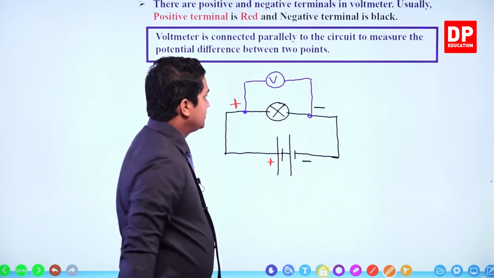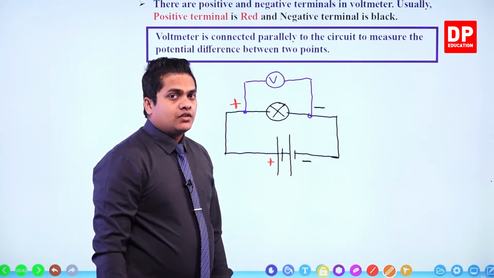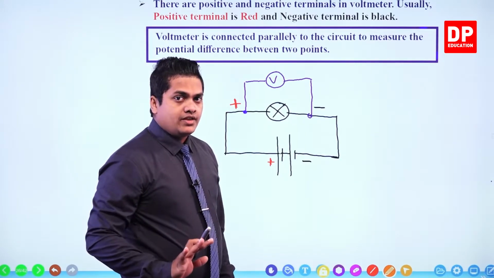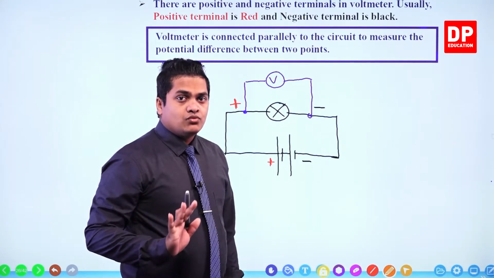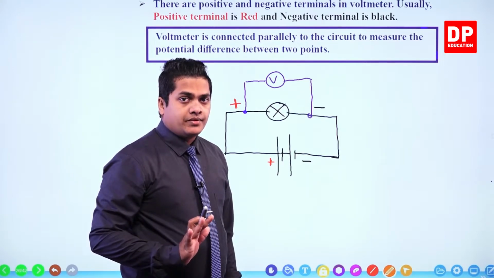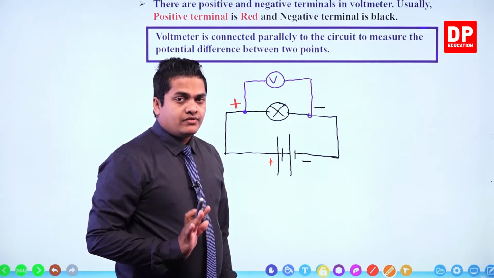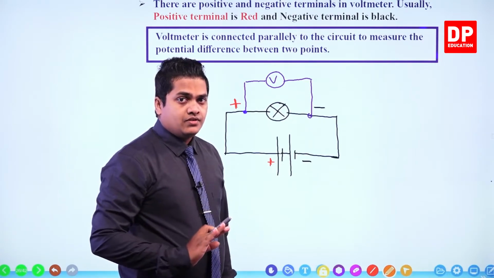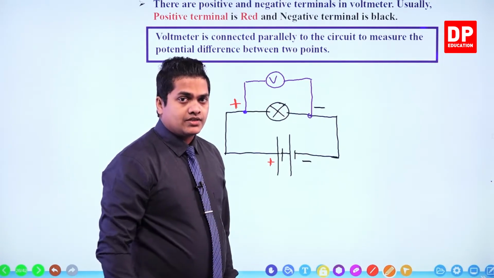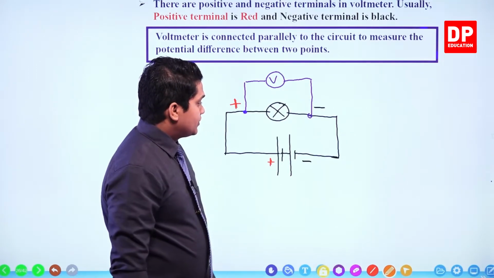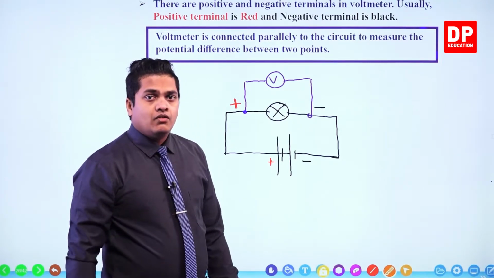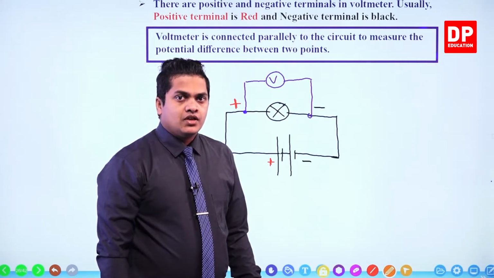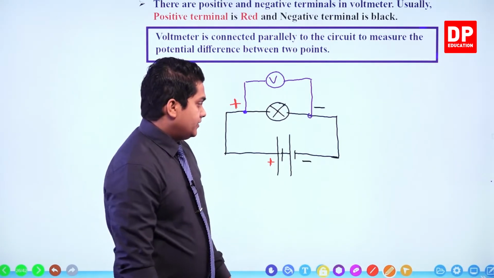Don't interchange the 2 terminals, otherwise you will get faulty readings. You have to connect it very carefully, positive to positive and negative to negative, like this. So this is the way of connecting a voltmeter to a circuit to measure the potential difference, right? Okay.